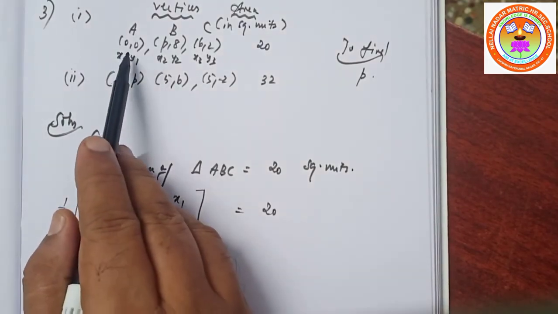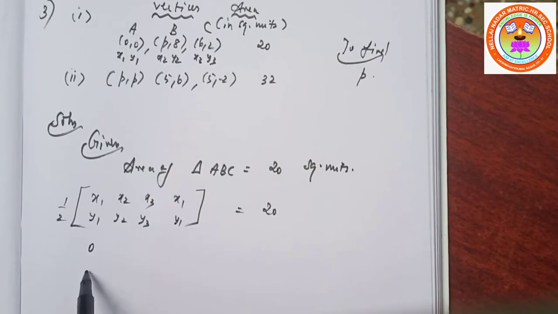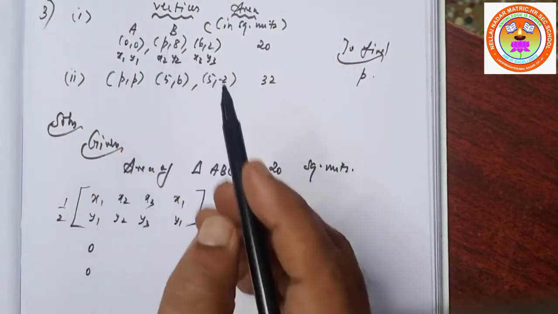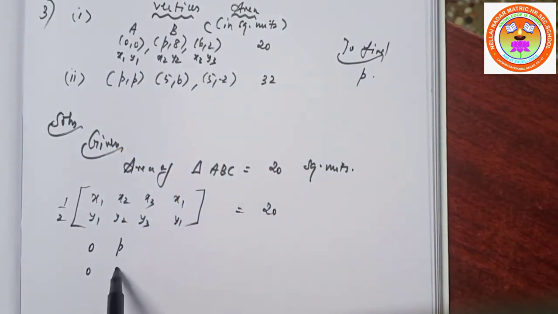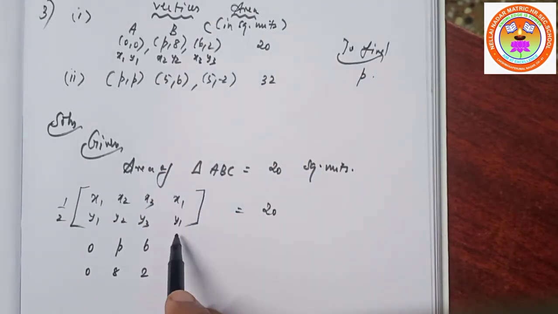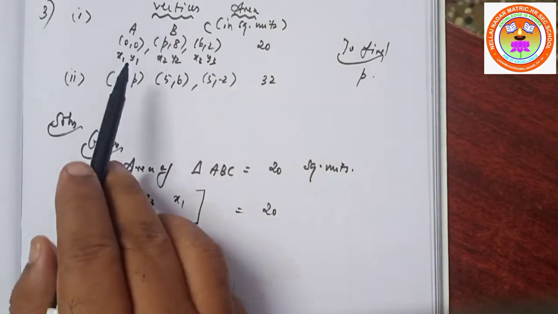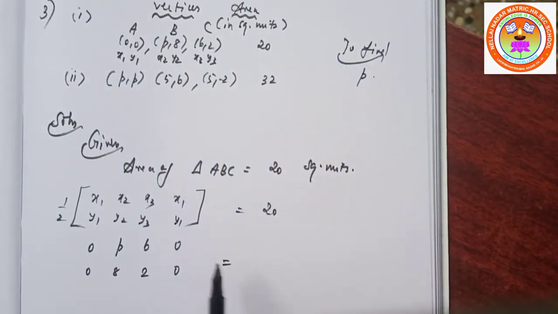x1, y1, here it is 0, 0. Next, x2, y2, P, 8. x3, y3, 6, 2. Again you have to write x1, y1, that is 0, 0. That is equal to, you just cross multiply 2 into 20.